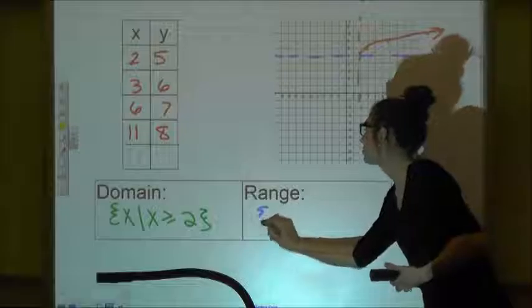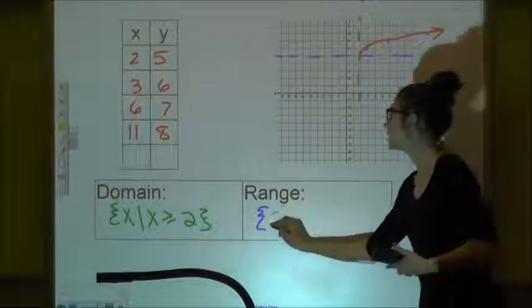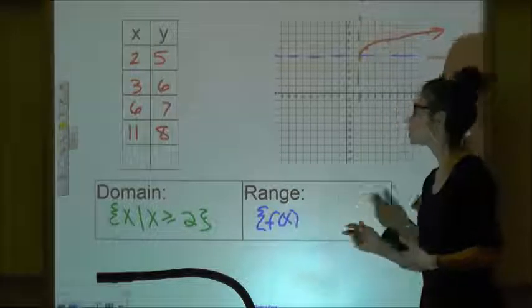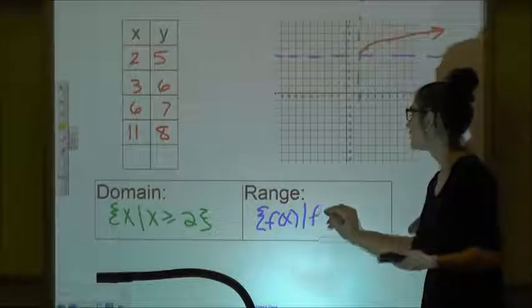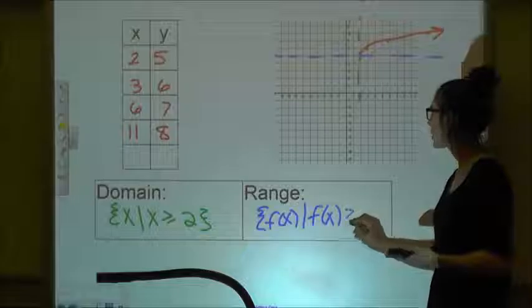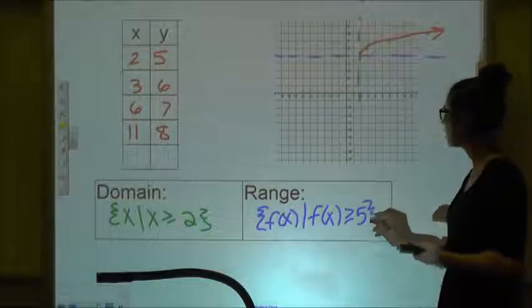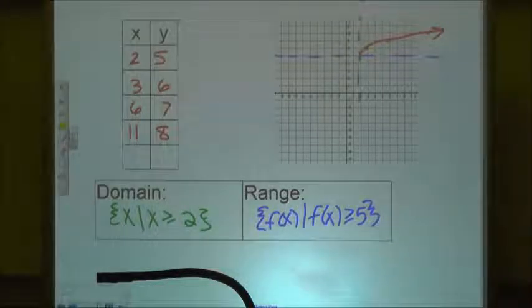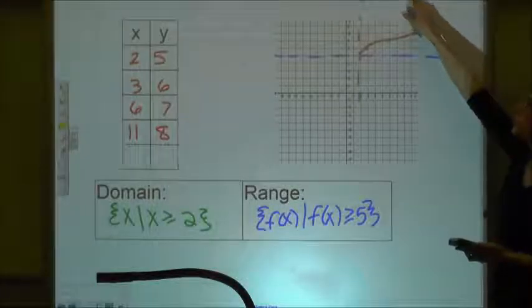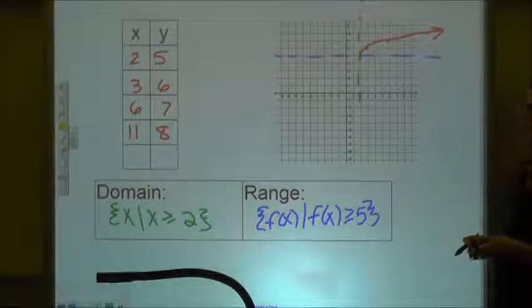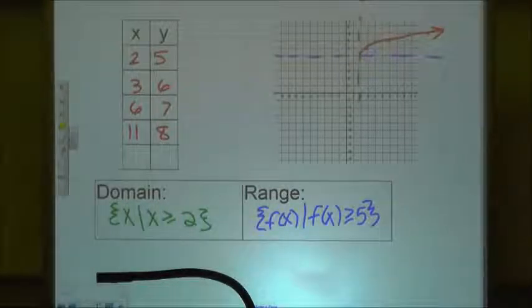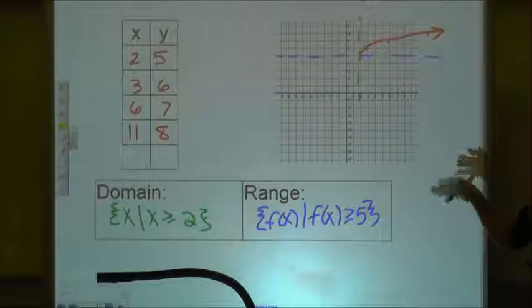So you have brace, f of x, which just means y, put a line, f of x is greater than or equal to 5. If you would have worked it out, you would have plugged in 2 for your x, which would have given you square root of 0 plus 5, which is 0 plus 5, which is 5. Do you see how that works?